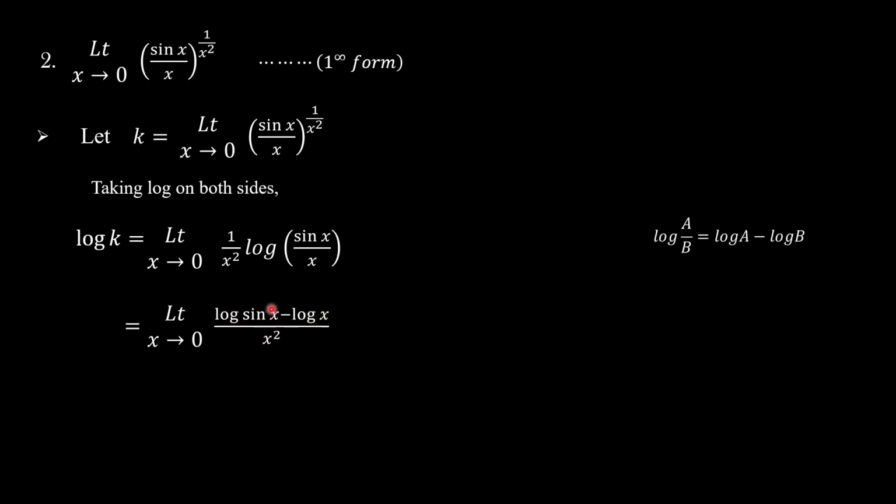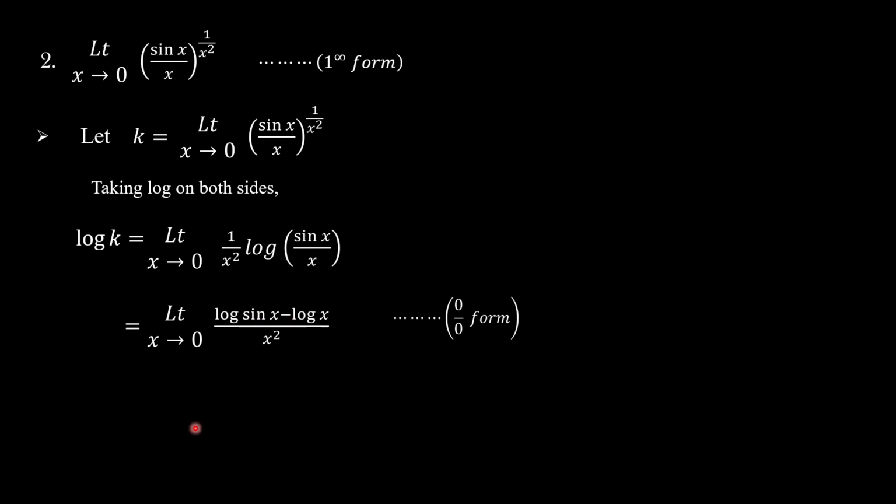Since sin 0 is 0, in the numerator you will get log 0 minus log 0, divided by the denominator 0 square, that is 0 by 0 form. So you can evaluate this limit by using L'Hospital rule. By the L'Hospital rule, differentiate the numerator as well as the denominator with respect to x and then apply the limit.